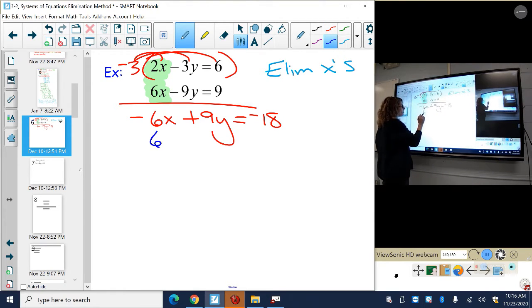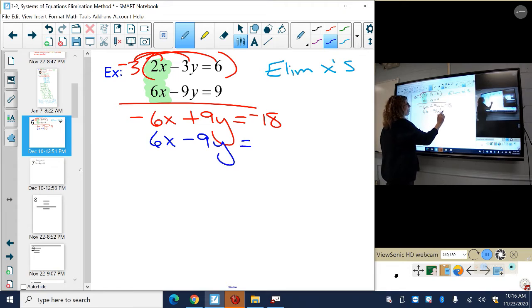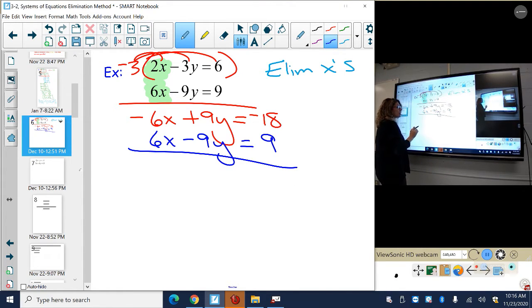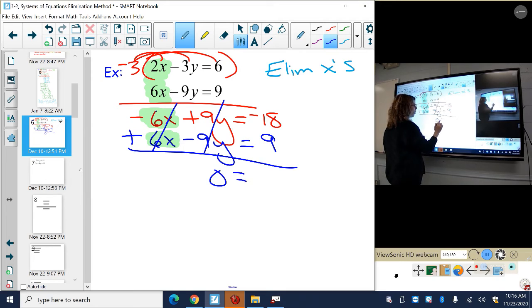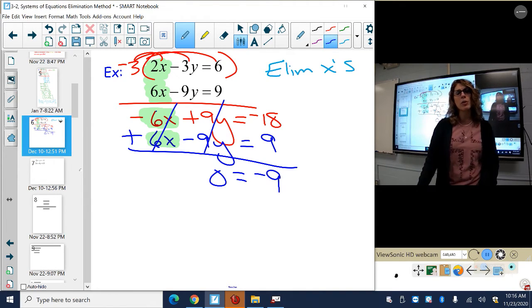And I'm going to drop down the second equation. The reason why I'm going to drop down this second equation is because they are already opposites. So if I add straight down, those cancel out, and I'm left with 0 is equal to -9. When does 0 equal -9?